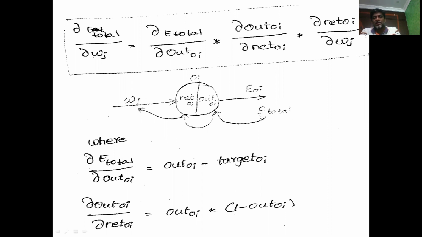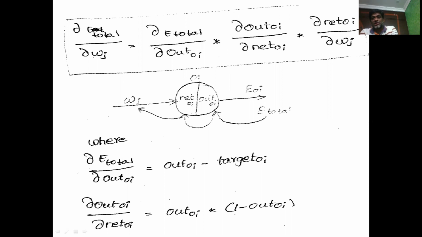Dou E total by dou Wj is equal to, we need to go one step at a time: dou E total by dou out Y, and then dou out Y by dou net Y, into dou net Y by dou Wj.